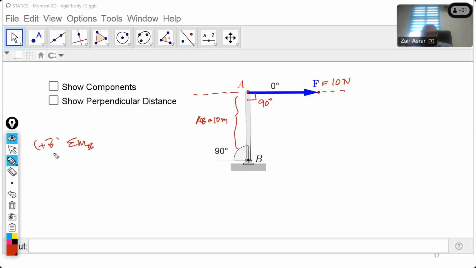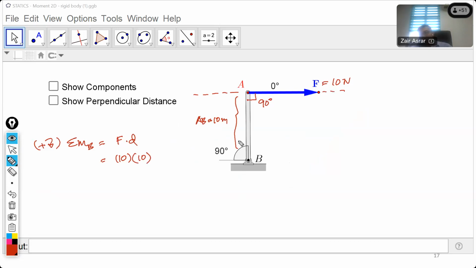I'm taking positive clockwise convention as before. So in this case, it will be equal to force times distance. Generally, this is our general equation. So our force itself is 10 Newton, and distance is 10 meter. In this case, what would F do to A?